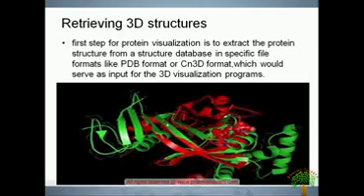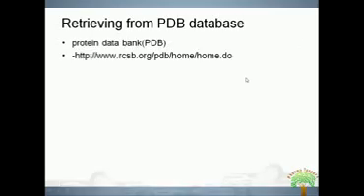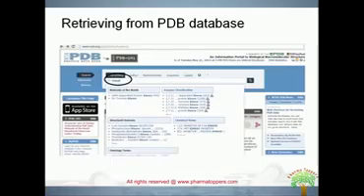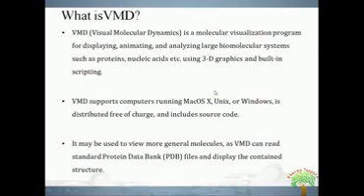The first step for protein visualization is to extract the protein structure from a protein structure database, that is PDB or the Cn3D format, which would serve as input for the 3D visualization programs. And this is the basic link we can use to retrieve a 3D structure from the PDB database. And this is the home page, which we have as the interface for the PDB.